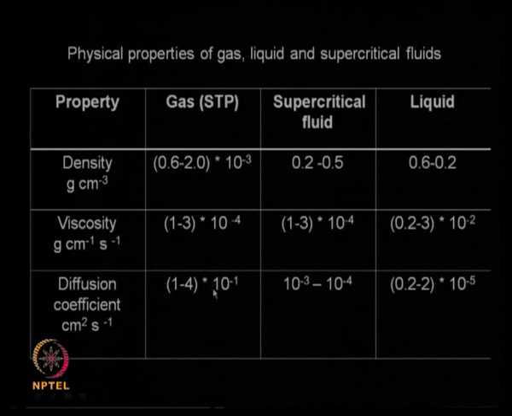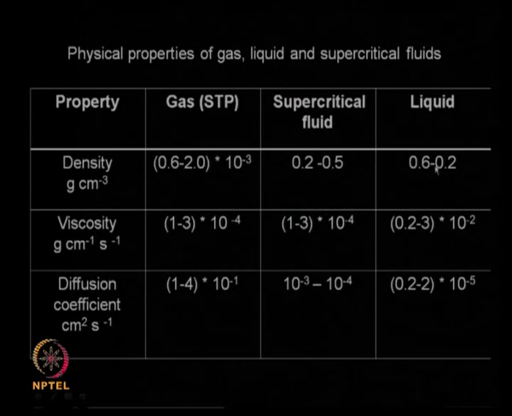If you look at the diffusion coefficient, gas diffusion coefficients are very large, liquid diffusion coefficients are very small, supercritical diffusion coefficients are in between, 10 power minus 3, whereas liquid diffusion coefficients are 10 power minus 5. So you get almost 100 times enhancement in the diffusion coefficient of a supercritical fluid.